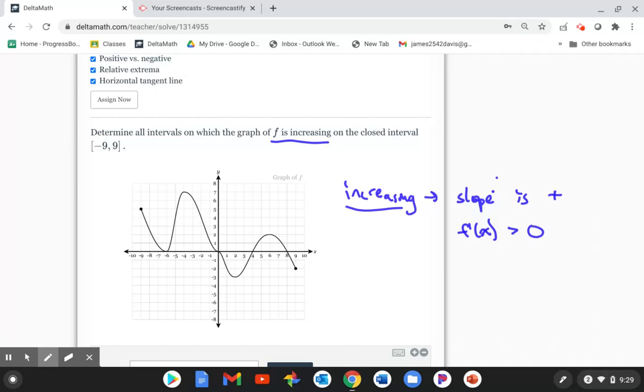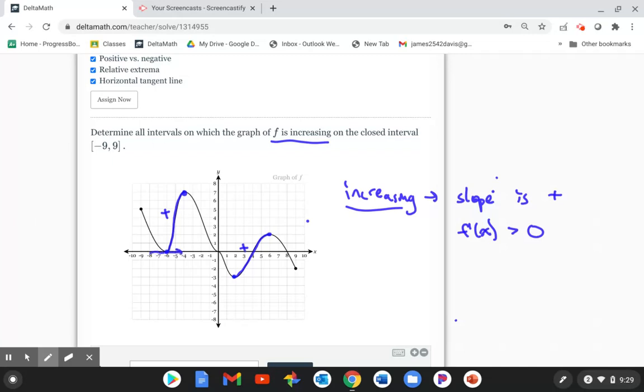Okay, because if the slope is positive, the function's increasing, which also means the derivative is positive. So in this, we're just going to be looking for places where the derivative or the function is going up. So right there, it's increasing, and then it's going to be decreasing for a while, and then it starts again down here. Up to this point, it's increasing again. So the slope where the derivative is positive, which implies the function is increasing. We're again going to just use parentheses because at these points, at -6, the slope is actually 0, right?